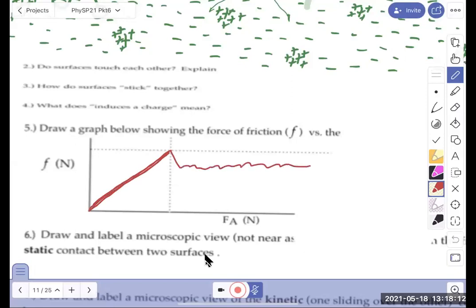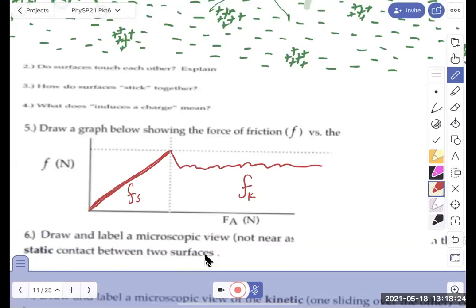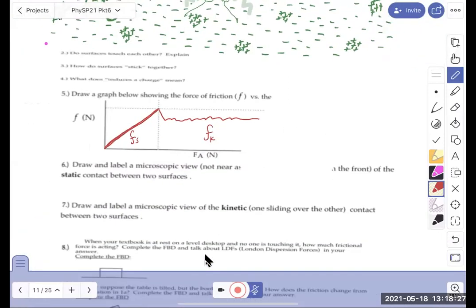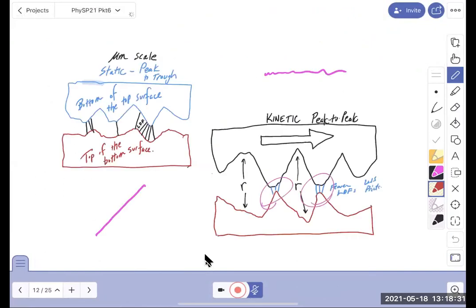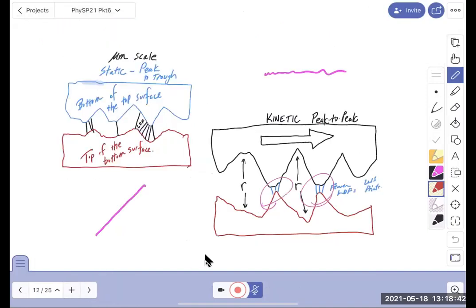It's chaotic after that. So this is the kinetic region, the F sub K region. This is the F sub S region, static versus kinetic. And then we talked about this a lot, like 6 and 7 talk about drawing the microscopic view, the peak to trough, peak to peak. You should be able to finish the front with what you already know.